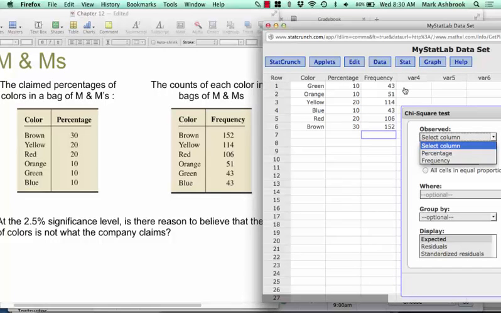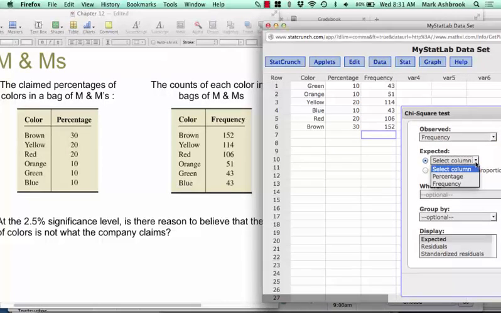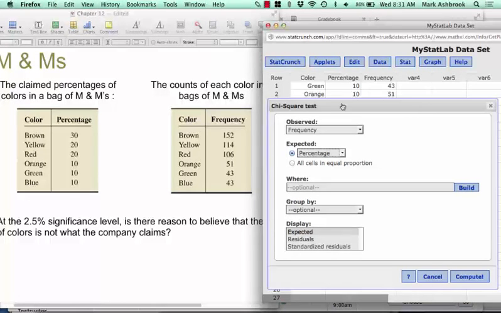But if you just open StatCrunch with nothing in it and you're typing stuff in, so then you would select like variable 1 or variable 2, right? The names of the columns will just be like VAR 1, 2, 3, 4, and so that's what you would select here, okay? But this one's been already set up for this problem, so frequency is observed, expected is percentage, and here we go.